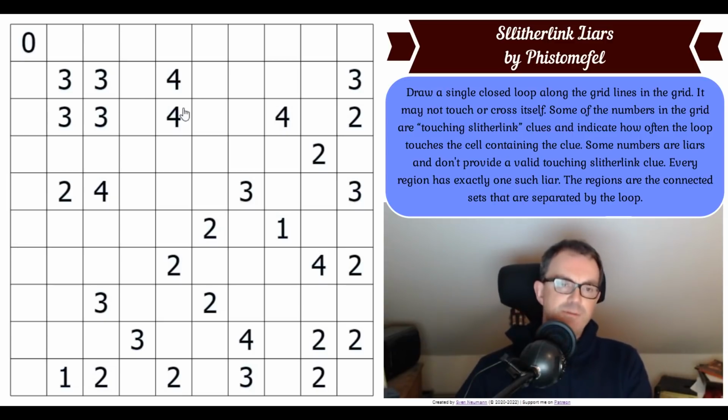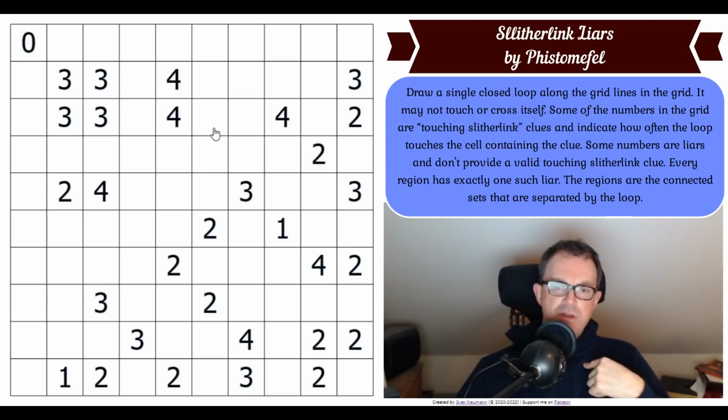Right. Let's look at the 4 clues instead. And again, we've got this problem here, which is that these clues could be lying. How do you even start this puzzle? Every region has exactly 1 liar. Okay. Oh, I see.